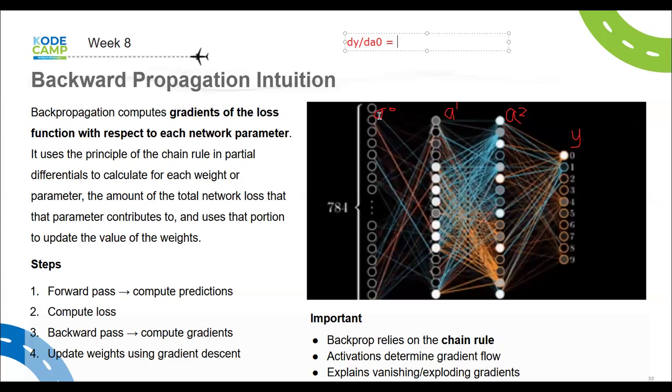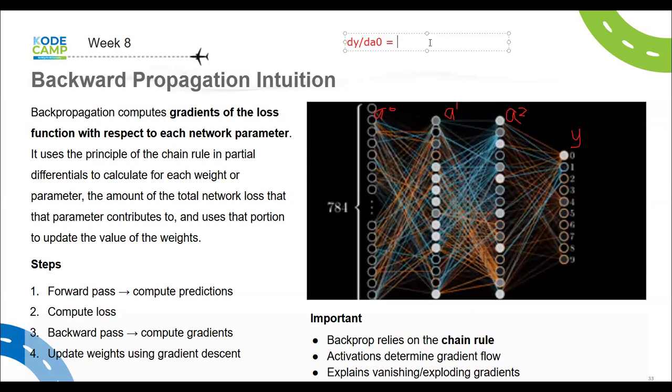And that's what you use to adjust A0, like what we have been doing with linear regression, except that now we are crossing multiple layer boundaries, right? What we did before was just dy/dm or dy/dc and so on.